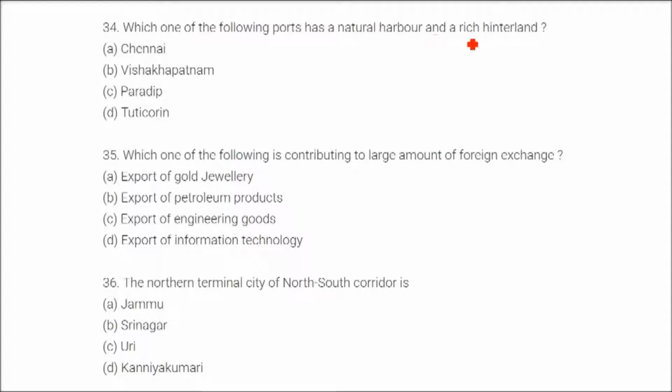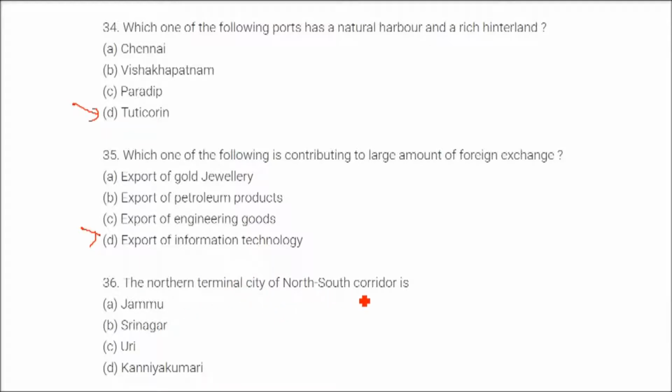Which one of the following ports has a natural harbour and a rich hinterland? It is Tuticorin in Tamil Nadu. Which one of the following is contributing a large amount of foreign exchange? It is export of IT, information technology.